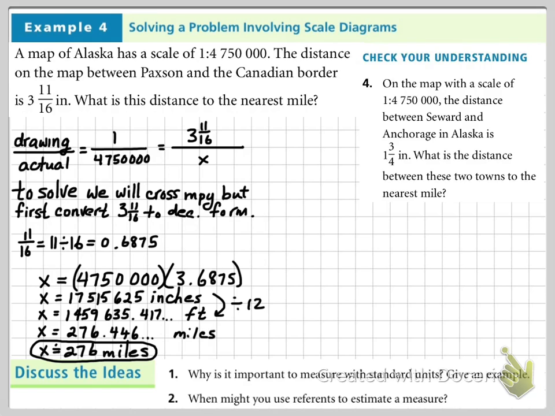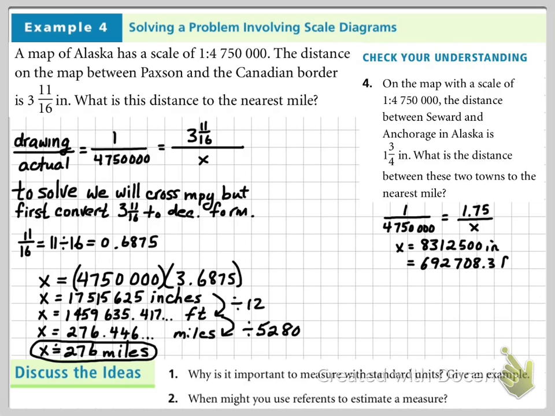Again, to convert from inches to feet, I divided by 12, and the other one I divided by 5,280. Follow the same procedure to figure out, check your understanding. You have 8 million inches, 692,000 feet, and it works out to 131 miles.